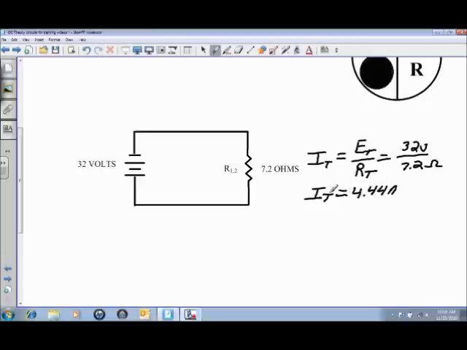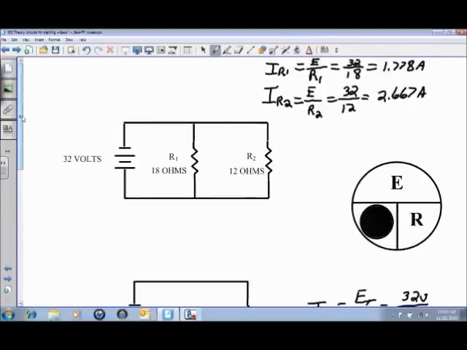So now we can prove that by going back up and taking a look at the other two. There's another way to calculate the I total. And in this case, we only have two resistors, but the total current flow can be calculated by adding together all the individual current flows.